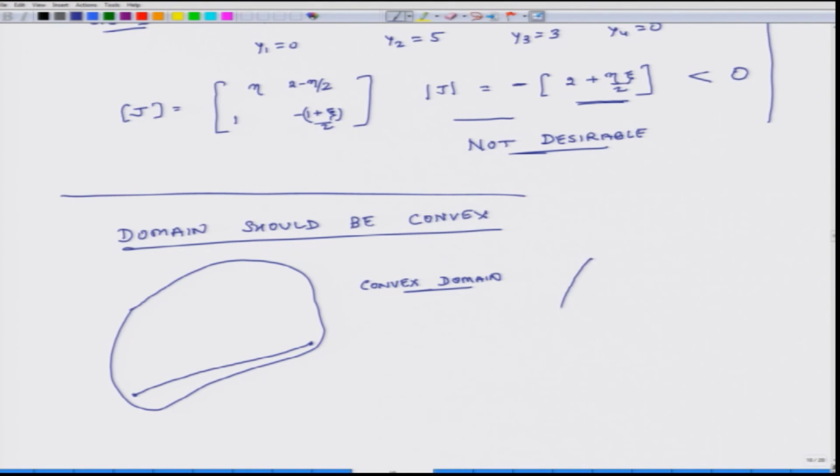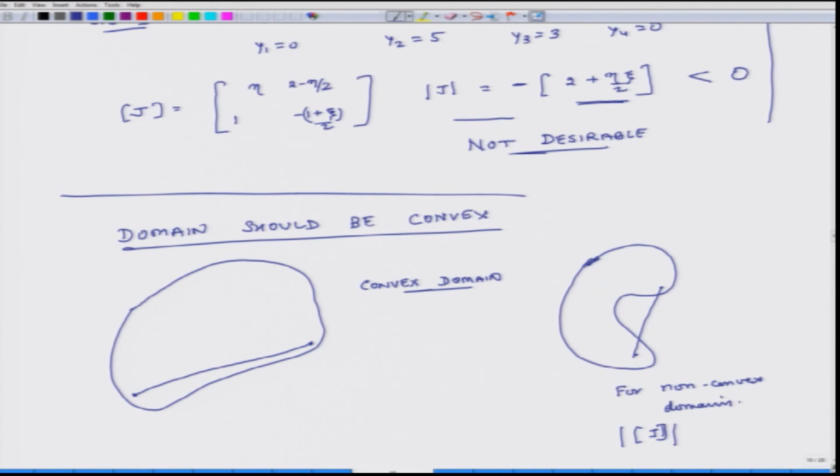Now, if I have this, it is not a convex domain, because if I have to connect these two points, I go out of the system. So, for non-convex domains, my Jacobian will not necessarily be non-zero at all points.